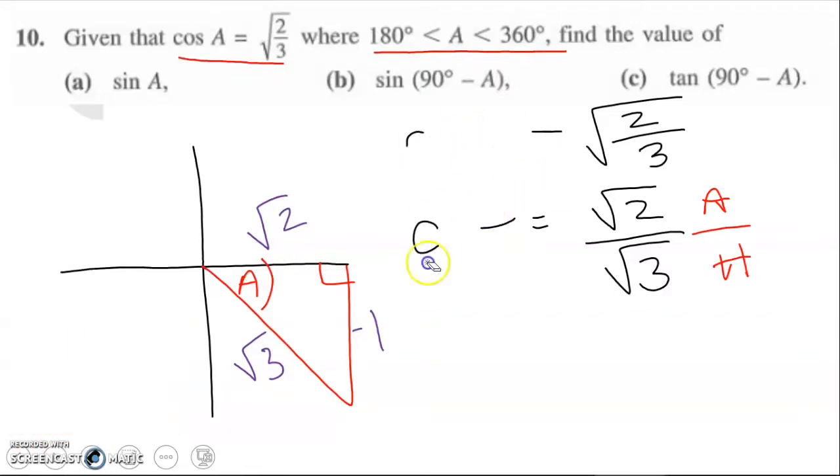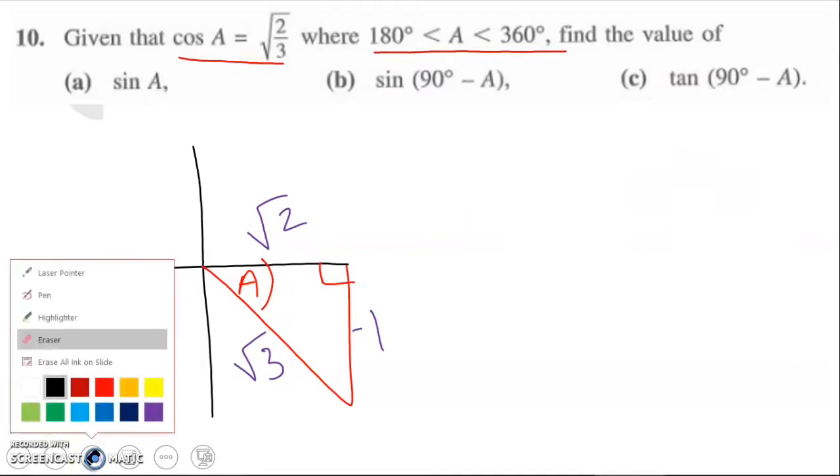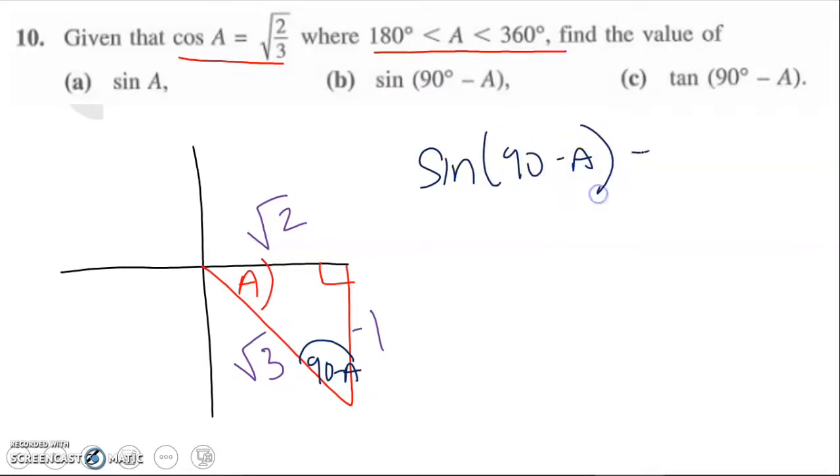So let's say what sine of 90 minus A actually is. Again, remind yourself of a couple things. This should be 90 minus A. So sine of 90 minus A is equal to opposite over hypotenuse.